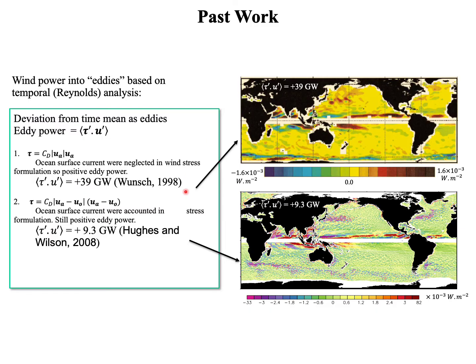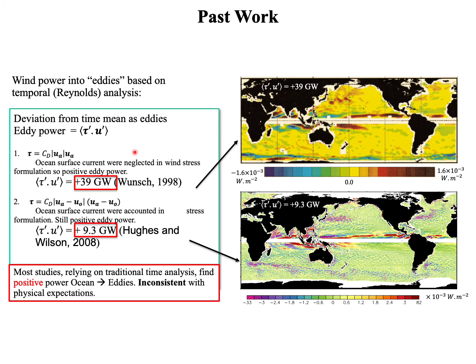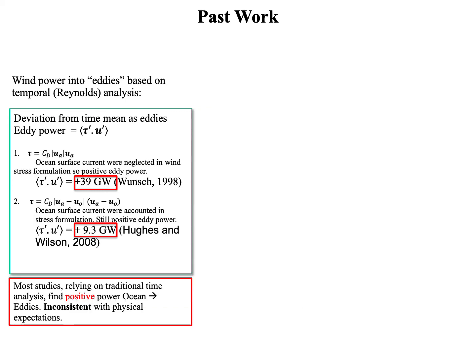The issue is that for a long time, people have been measuring power input by wind into the eddies, where eddies have been identified as a temporal fluctuation around the temporal mean. And what they found is that it's positive. You have a positive wind work. This does not match with the expectation that these circular eddies should be killed.